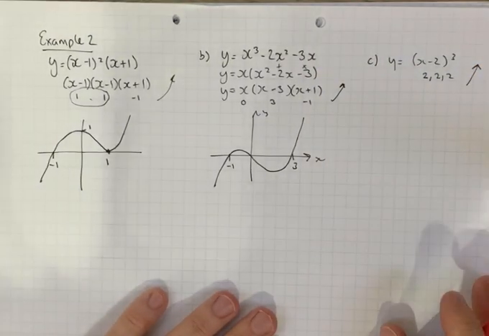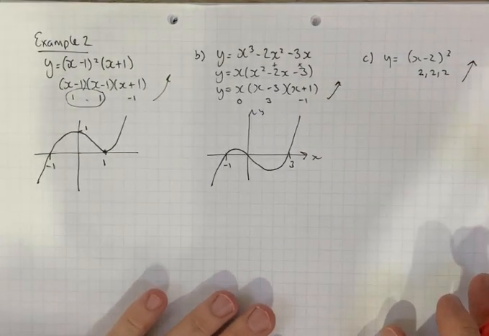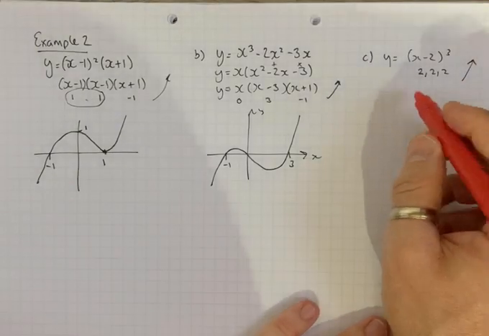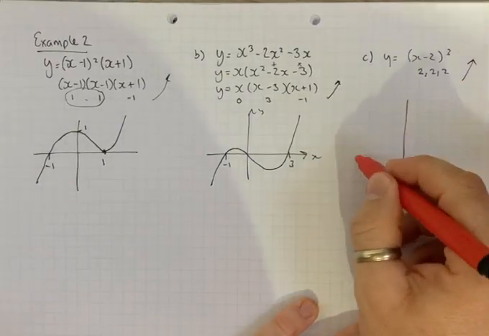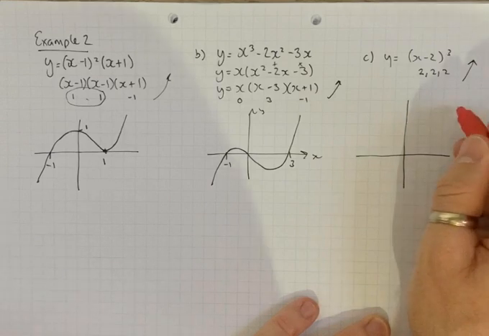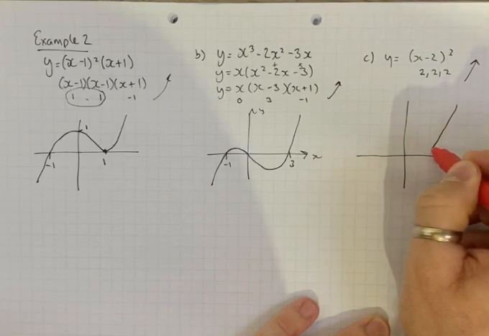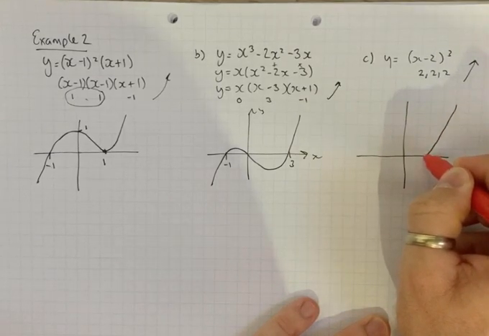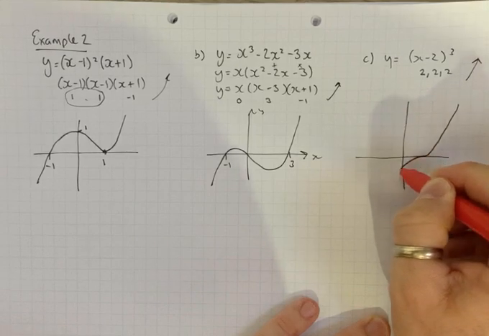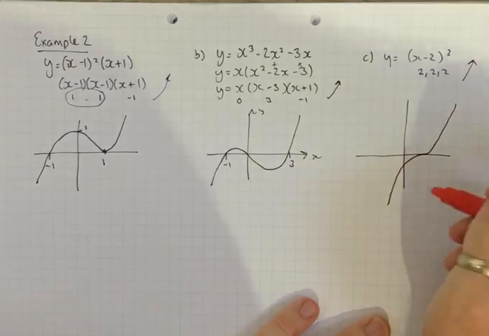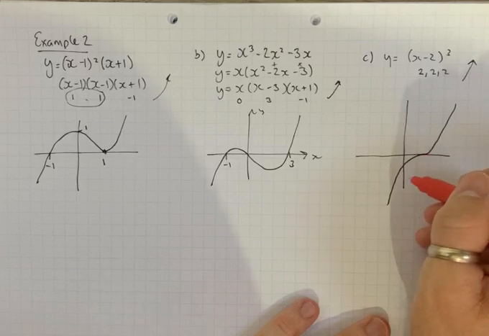Right, so it's only going to turn once when x equals 2. So this one goes off to heaven, hits 2, wants to come back. No, it's going to carry on going the same way. Okay, and that's called like a point of inflection.